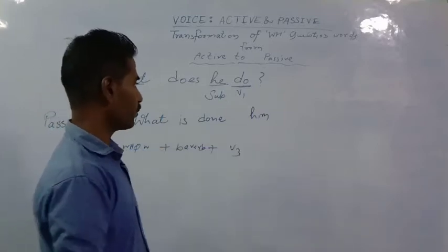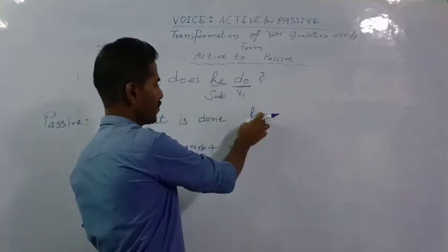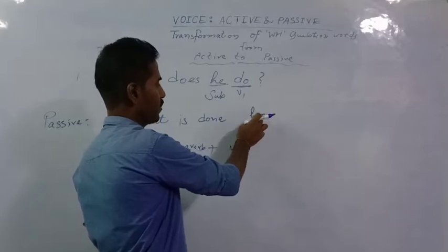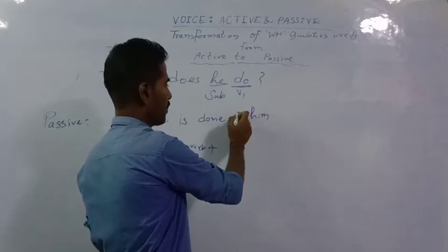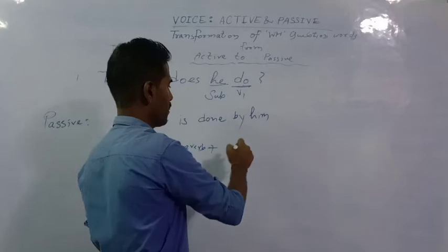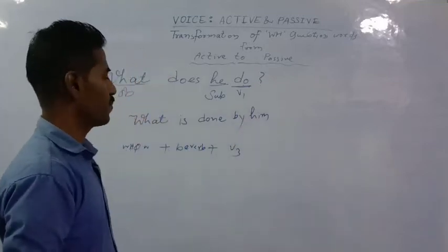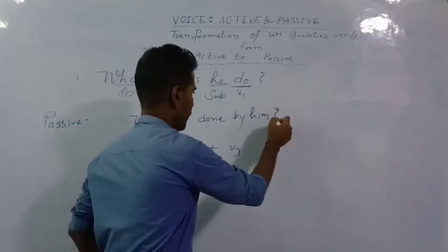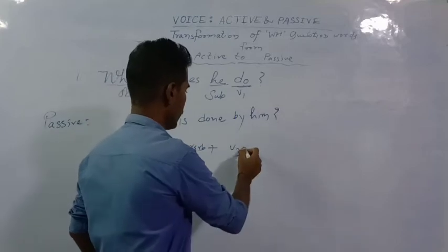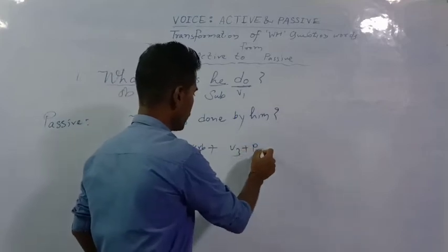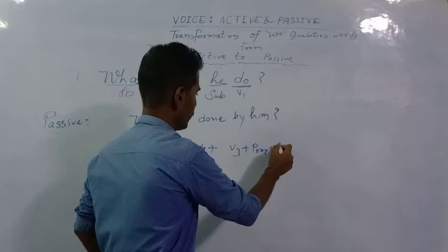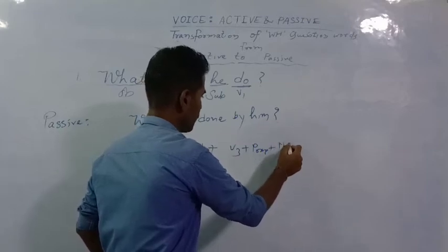Now since this "he" becomes the new object, and we know that right before the new object you have to put the preposition "by", so I'll put "by" here. "What is done by him?" V3, then preposition, then the new object.